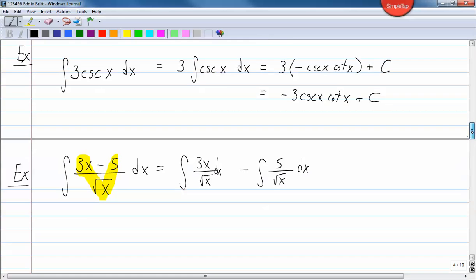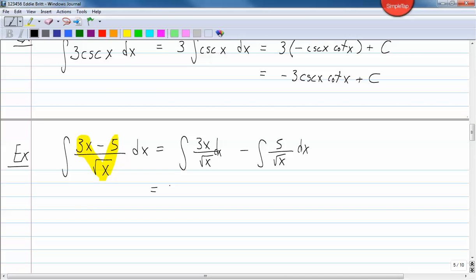Now, simplify each term. Remember, the square root of x is x to the what? 1/2 power. And we want to write that 1/2 power in the numerator.